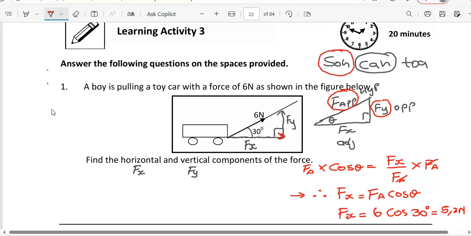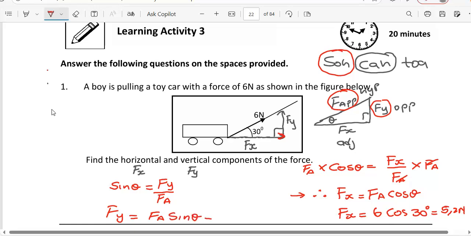So you write down that sine of theta, according to SOHCAHTOA, is opposite, which is my Fy, over hypotenuse, which is the applied force. If you make Fy the subject of the formula, you'll find that your vertical component is equal to the applied force times the sine of theta.